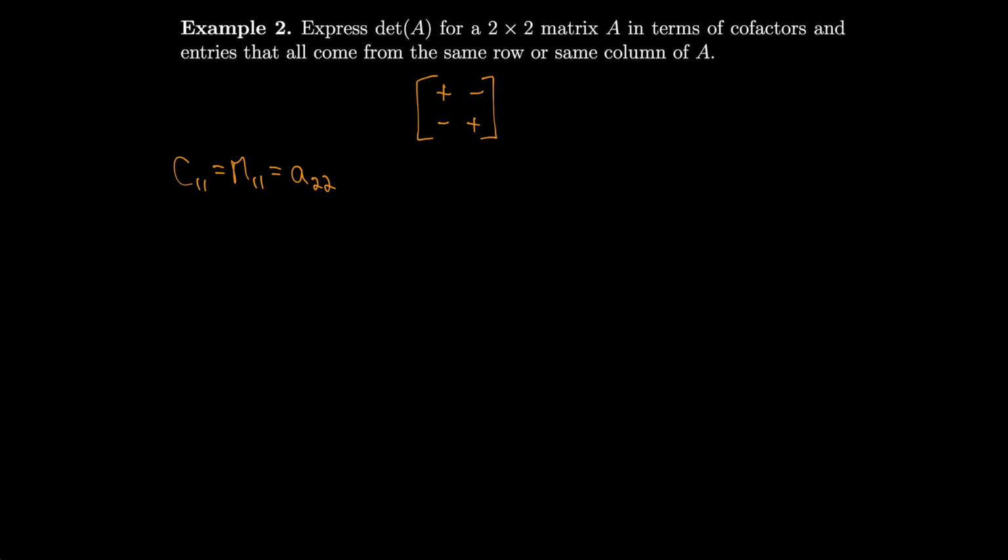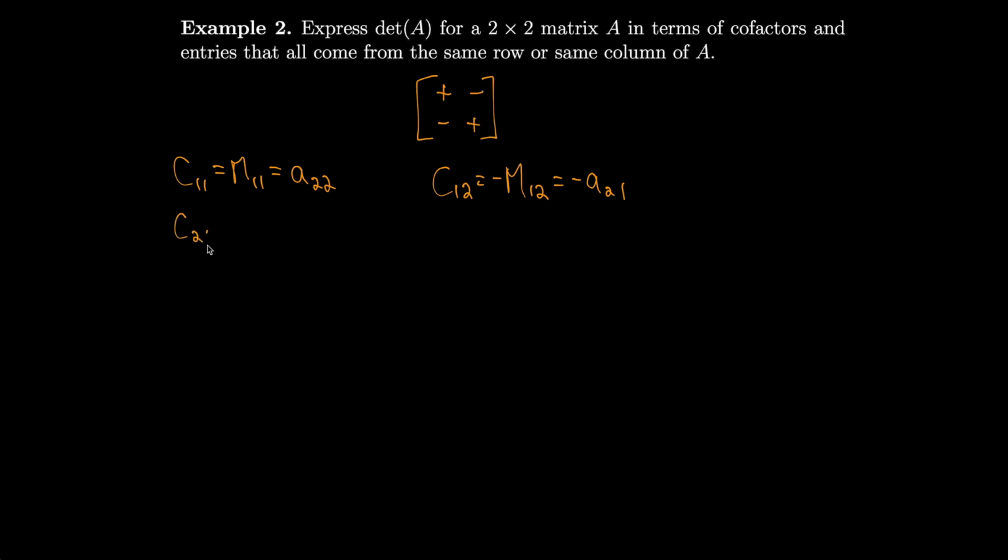So in this case, the minor is just a single entry. If I was going to look at C12, then that would equal minus M12, because there's a minus in that second column, first row. So that's minus A21, because if I'm just crossing out everything over here, this is the only thing I have left, and that's the second row, first column.